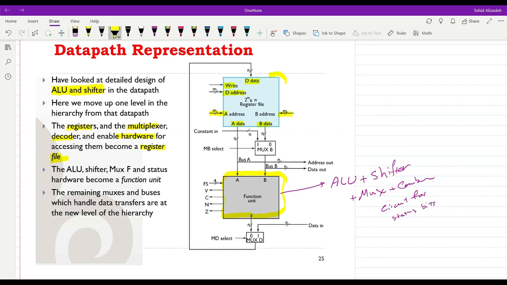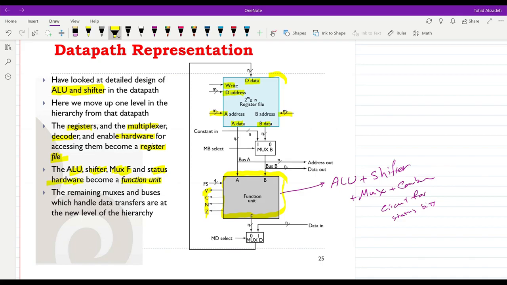The status bits are here, V, C, and Z, which are generated indeed using a part of the combinational logic circuit. So now we are representing the ALU, shifter, mux F, and the status hardware as a function unit.